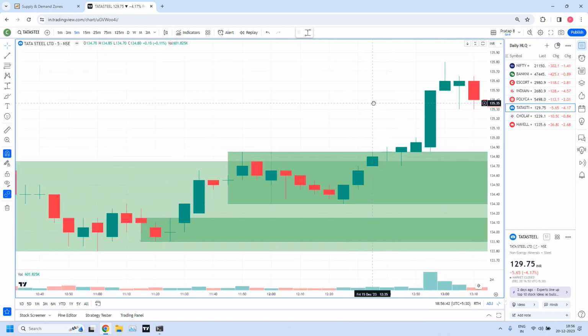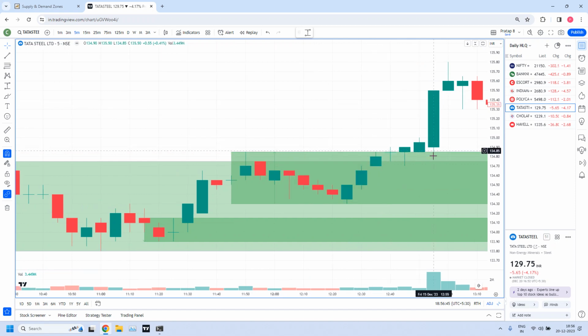When we fine tune to the 5 minutes, what did we identify? We identified a zone here. We have a rally candle, that is a leg-in candle, 3 base candles and a leg-out candle. That's why we took this 15-minute zone, because in the rest of the places we didn't find any proper structure.